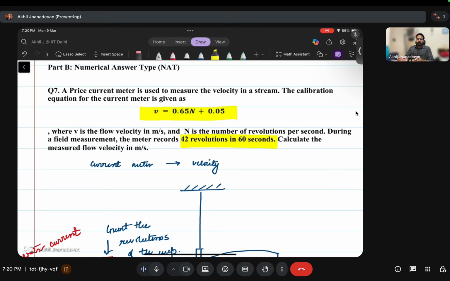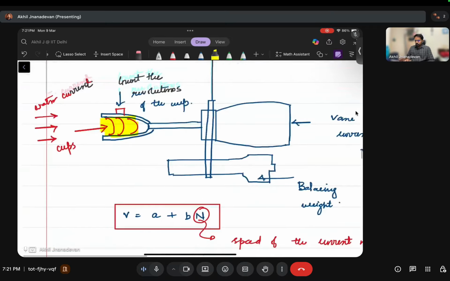When we kept the current meter in the stream against the flow, the cups rotated 42 times when we counted for 1 minute. That is given, and now we need to find the velocity.